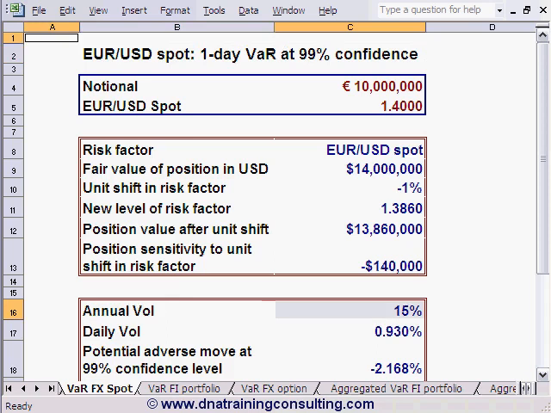In cell C13, we estimate the position sensitivity to an adverse 1% shift in the position's sole risk factor, which in this instance is the euro-dollar spot, to be minus $140,000. We must now determine the worst adverse potential movement in this risk factor over 1 day at a 99% confidence level.